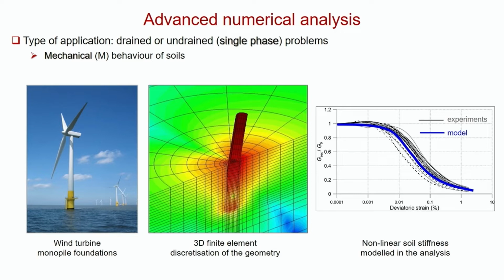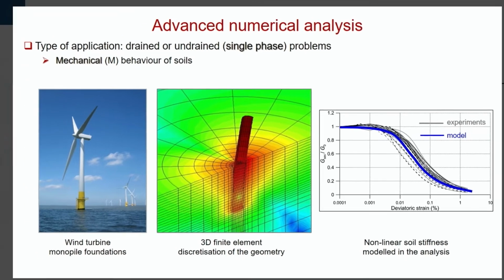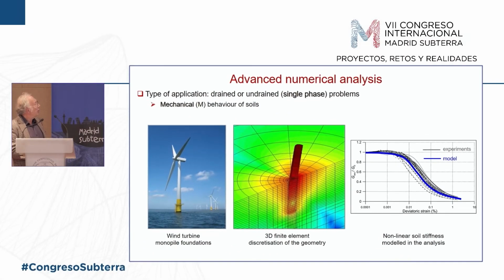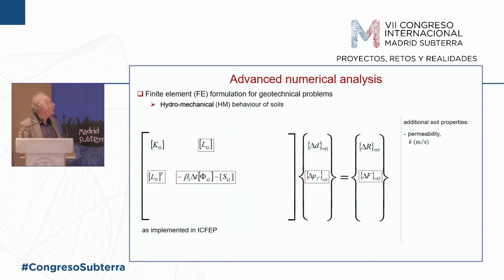And just to note, the soil stiffness here is non-linear. It changes with strain. Everything in soil mechanics is non-linear, which is what makes it different to a lot of structural behaviour. So we can deal with short-term and we can deal with long-term if we just deal with the stiffness matrix.